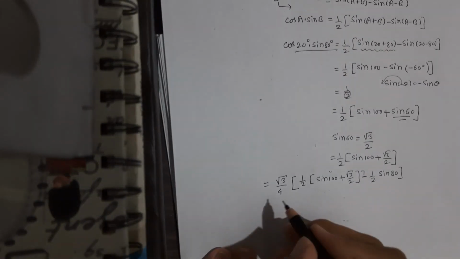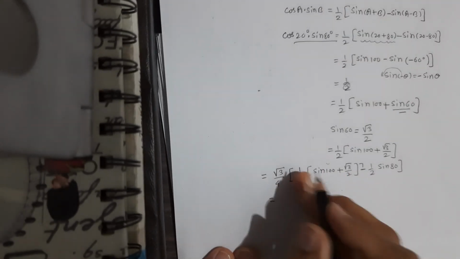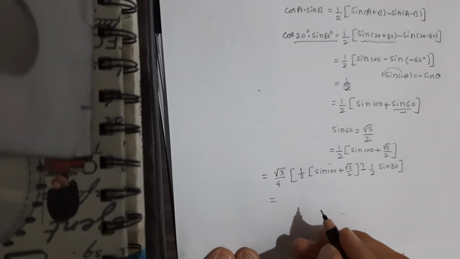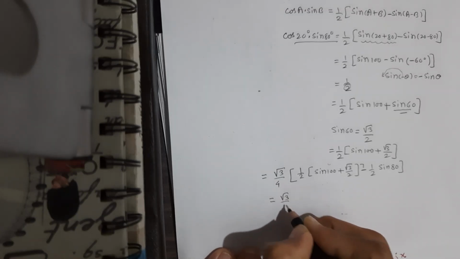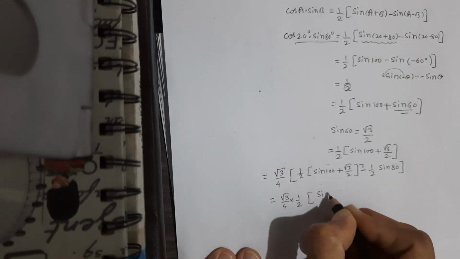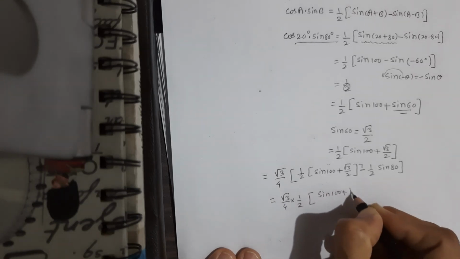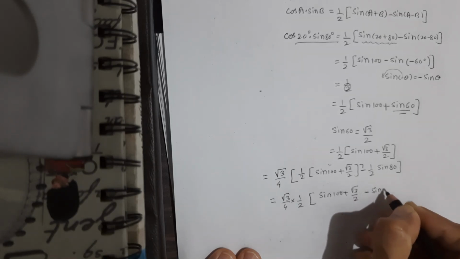Now just take this 1 by 2 outside the bracket. So root 3 by 4 into 1 by 2, I'll get here sin 100 plus root 3 by 2 minus sin 80.